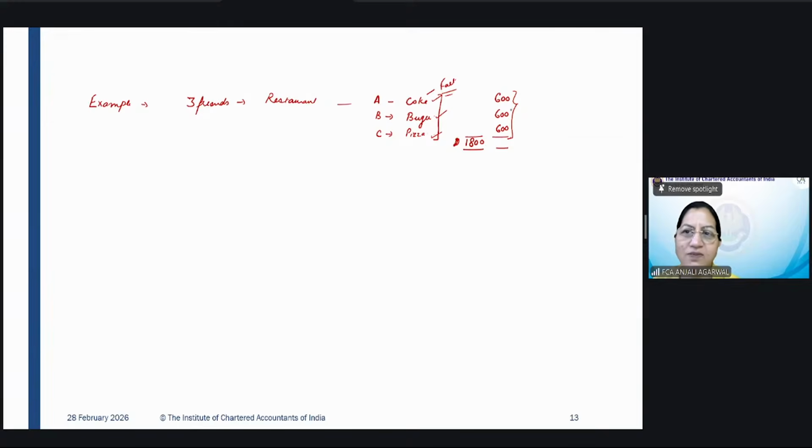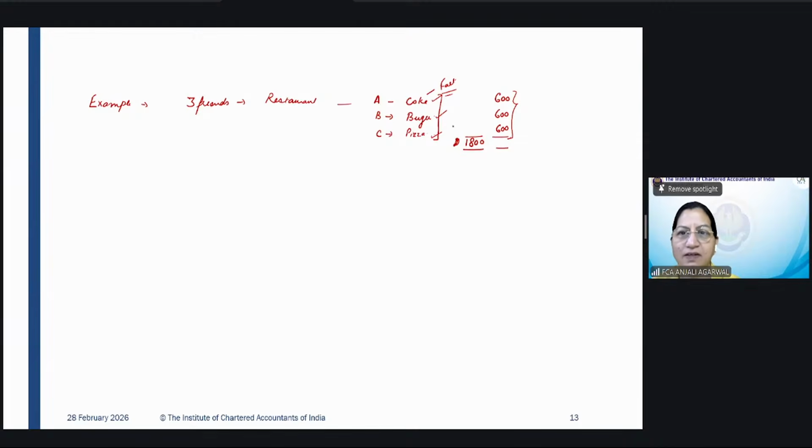Nothing like that. So this is just a best estimate in which you can split. But after having split, if A feels he is not being treated justly, then comes the technical estimate. Okay, A was fasting, so ignore A. Let A pay 100, and the remaining 1700 should be split amongst B and C, right?